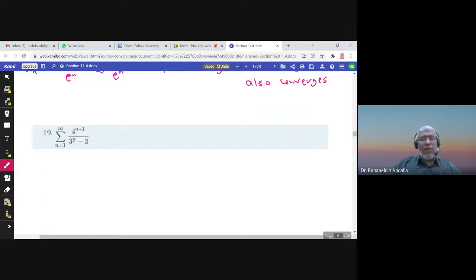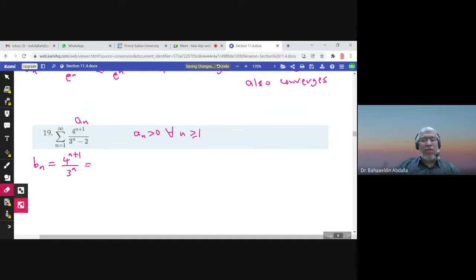Well, here, if you choose n equals 1, 3 minus 2 is positive. So an is greater than 0 for all n greater than or equal to 1. What would be bn if this is an? It would be 4 to the power n plus 1 over 3 to the power n.